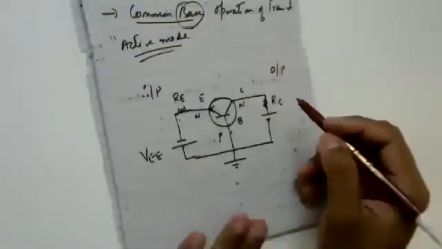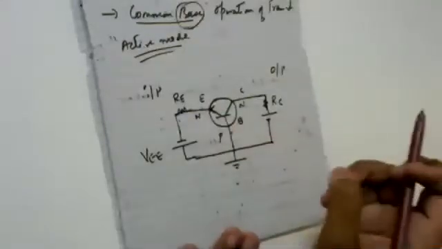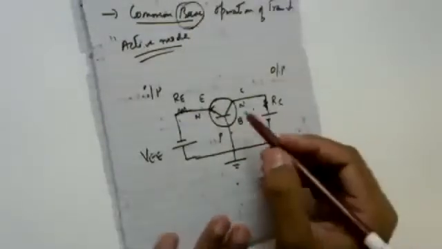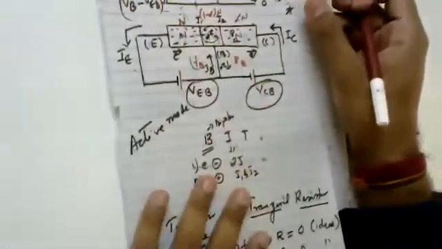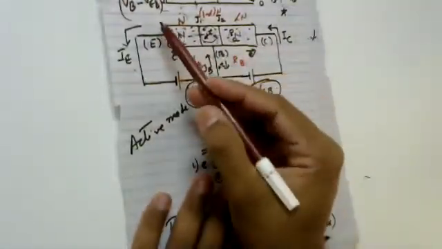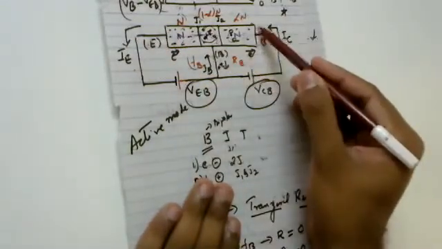Now, I know the directions of the currents that we have discussed. In the previous section, I took the block diagram of my NPN transistor and showed the flow of current IE, the flow of current IB, and the flow of current IC.